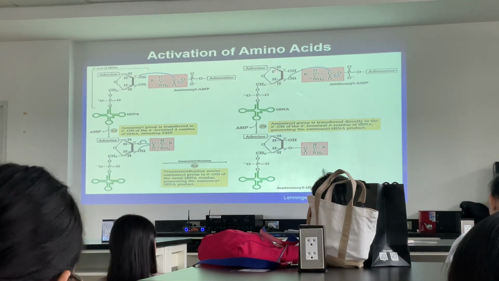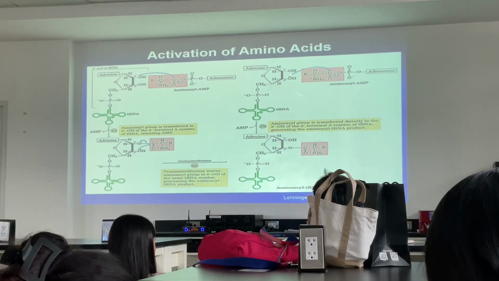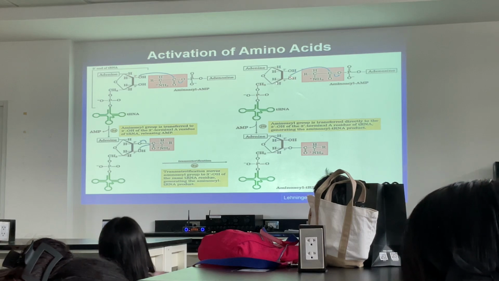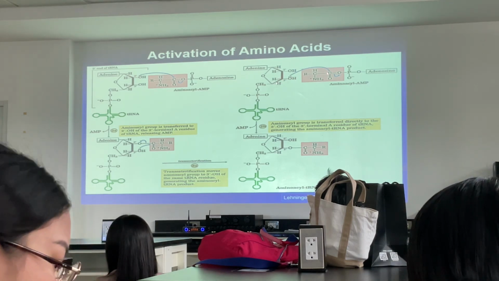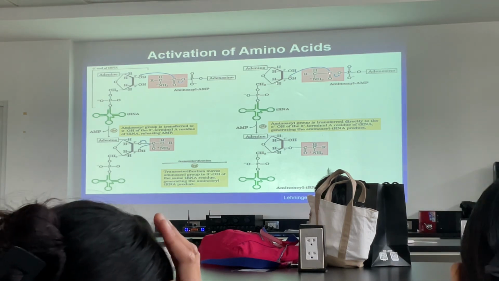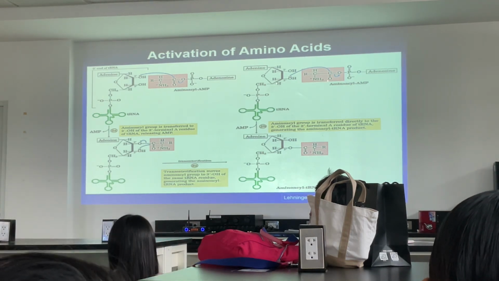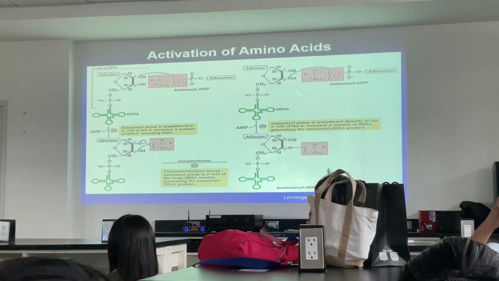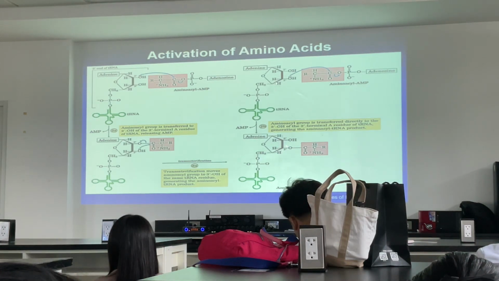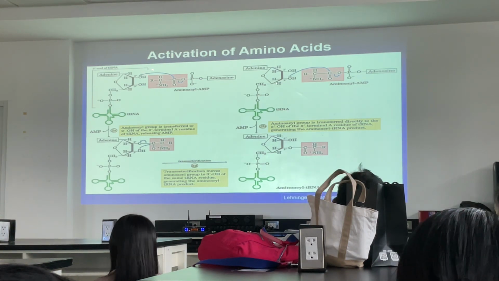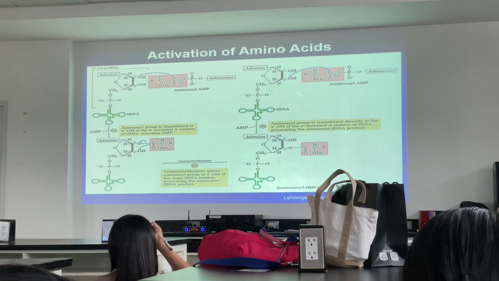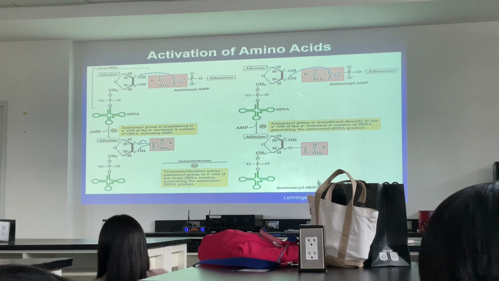But in a certain class of enzyme, the oxygen atom on the third carbon atom of the ribose sugar will carry out a nucleophilic attack on this carbonyl carbon, and the activated amino acid is directly attached to the third carbon atom of this ribose sugar. So that is how an activated amino acid becomes attached to the tRNA.